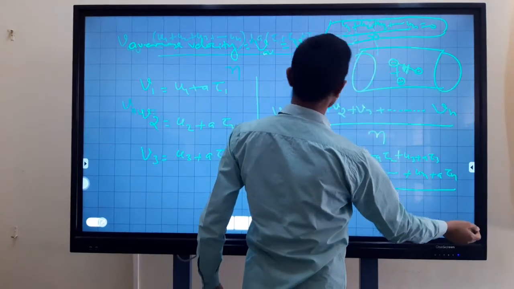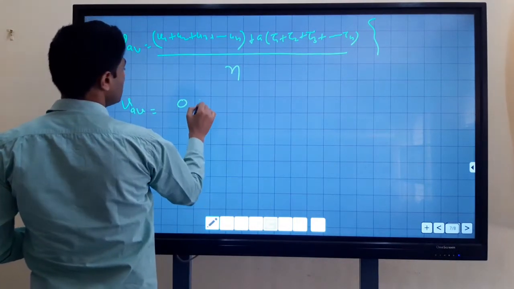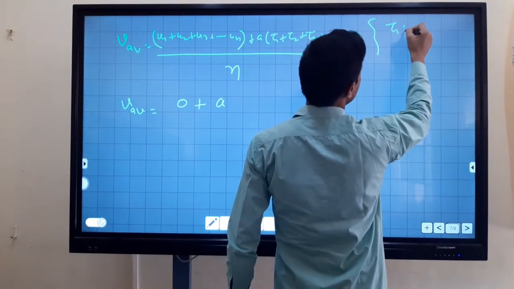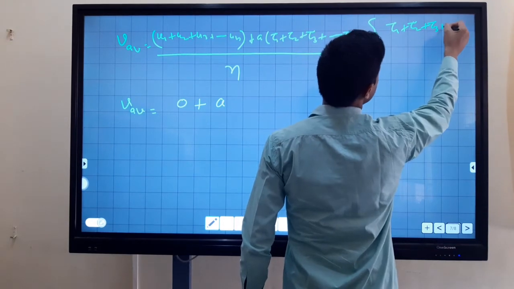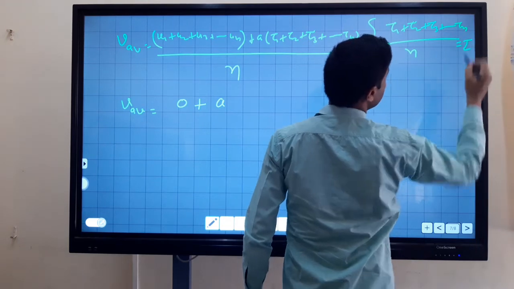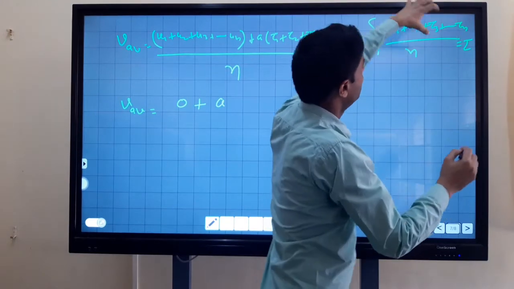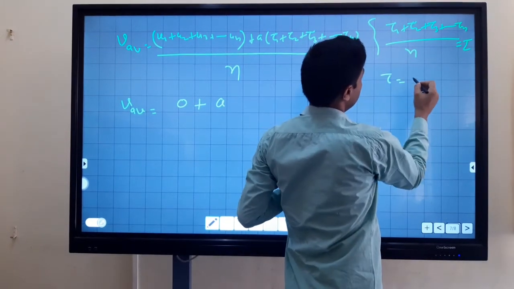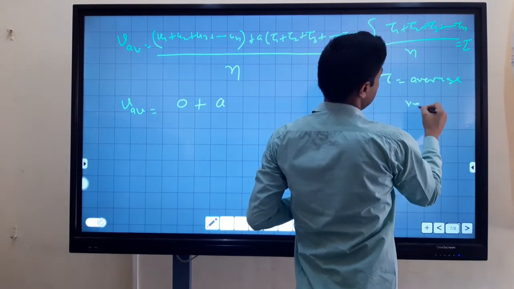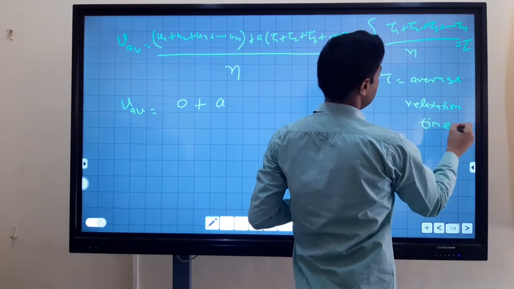And (tau1 plus tau2 plus tau3 up to tau n) upon n is equal to tau average, the average relaxation time.